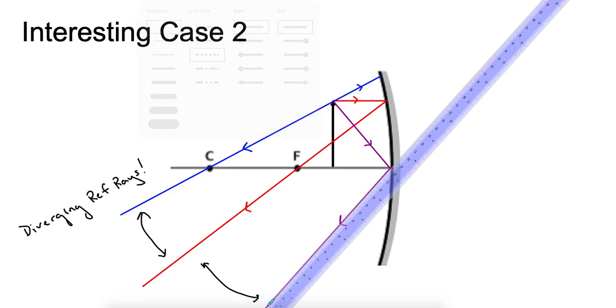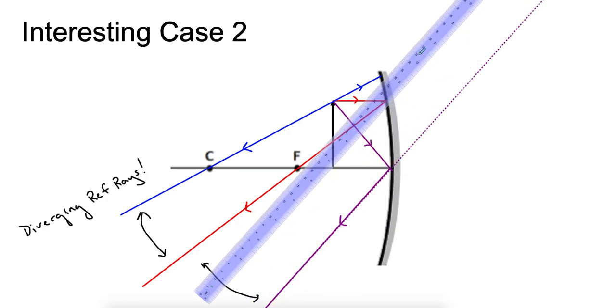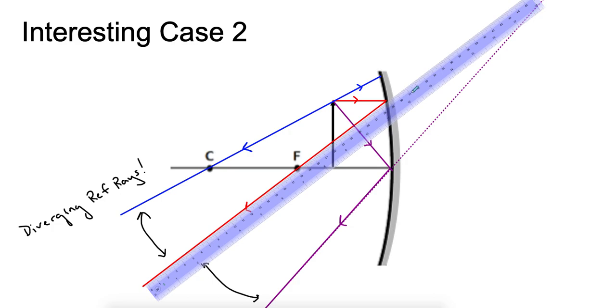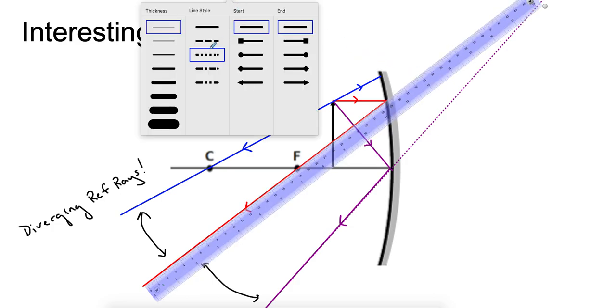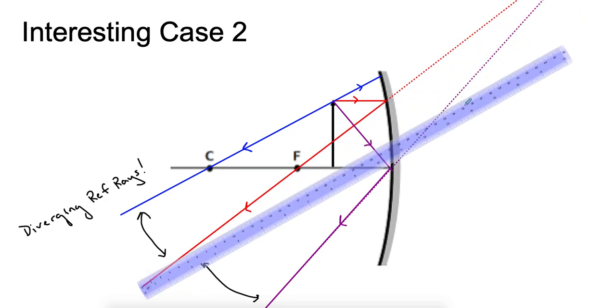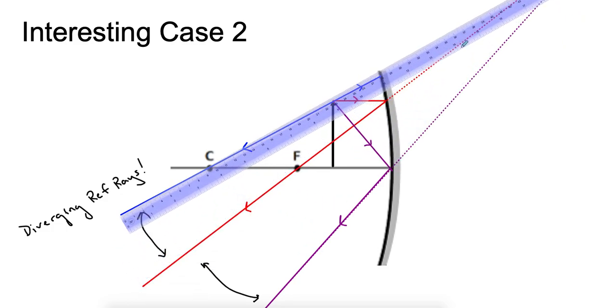So I'm going to extend this purple. I'll use a dotted line for the extension. And I'll extend the red. And I'll extend the blue.